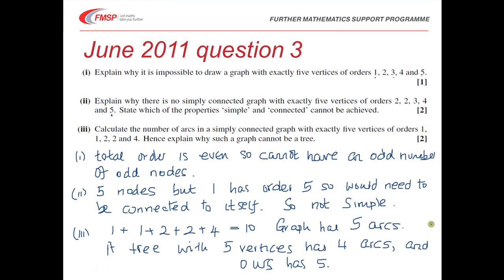And then you got 1 mark here for working out that the graph had 5 arcs, and 1 mark saying that of course a tree has got 4 arcs. If it has 5 vertices, then the tree will have 4 arcs.